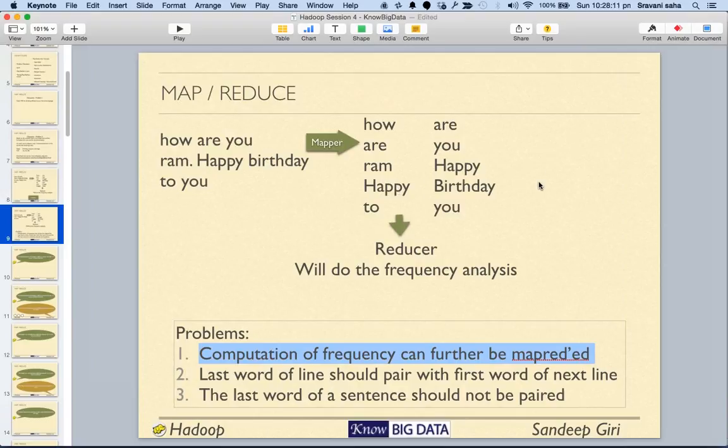For the words which are very commonly occurring, the values will be so many that a single reducer has to handle them, right? As we told you, all the values for a key always go to a single machine. They are not parallelized, they are not distributed. Therefore, your reducer, whichever is computing that frequency, whichever is finding the top five most frequent words, has to do a lot of work on a single machine.